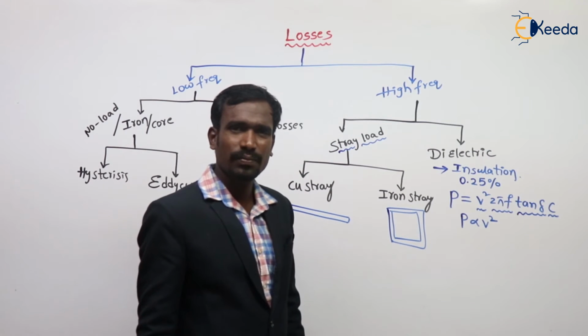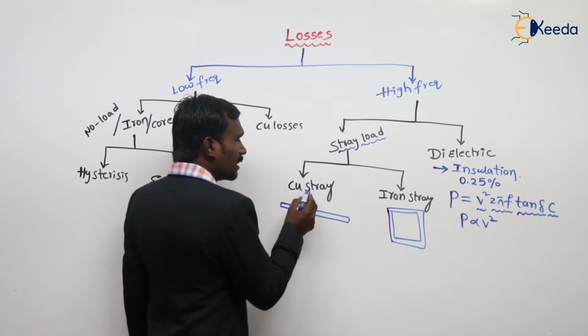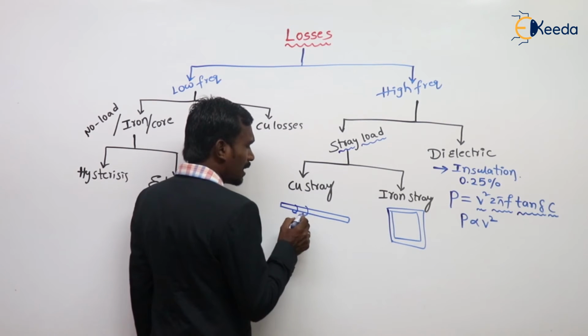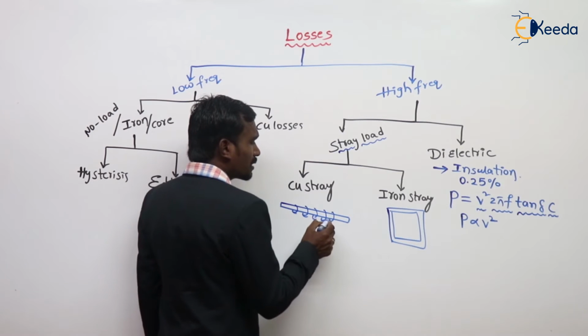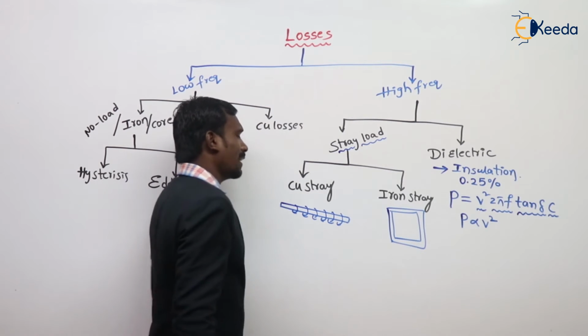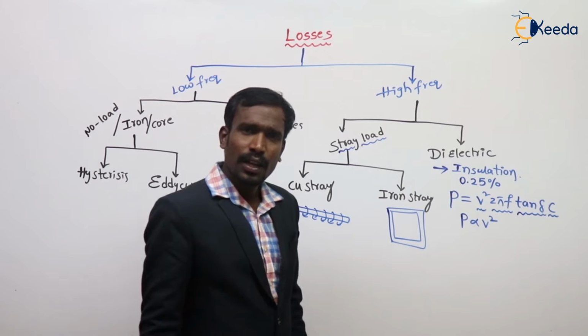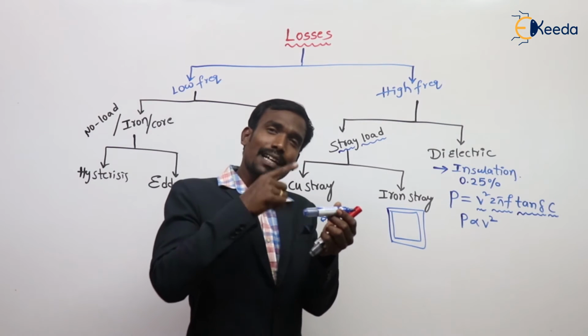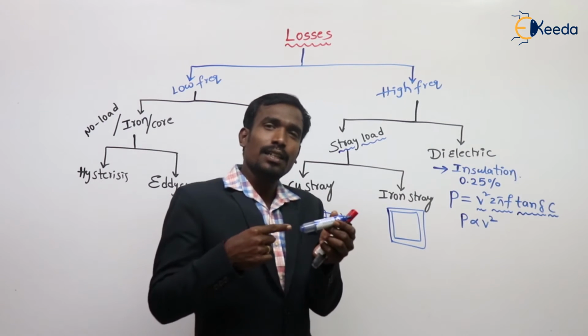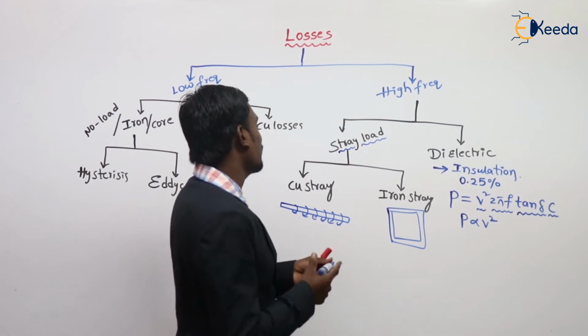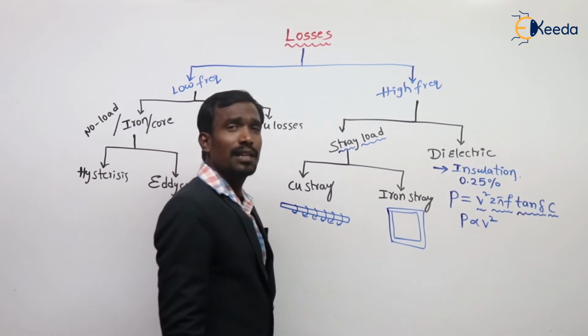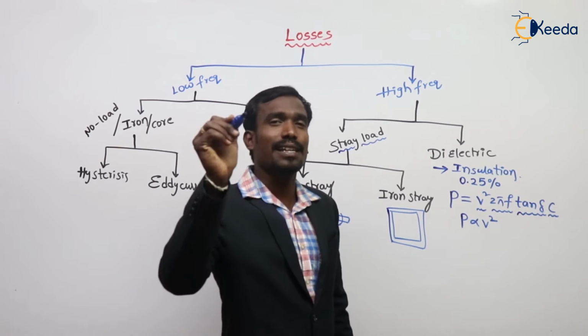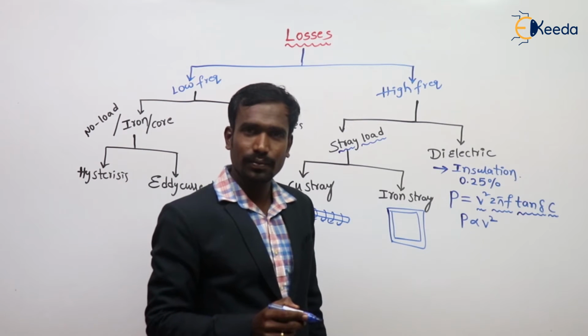These copper stray losses are due to stray currents or circulating currents in the winding. In the conductor, some circulating currents are there. Due to those circulating currents, some losses take place, which is called copper stray load losses.